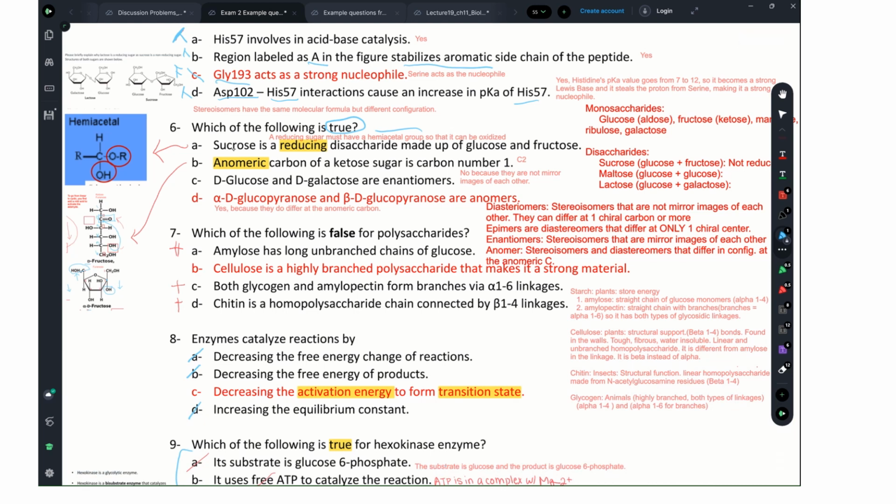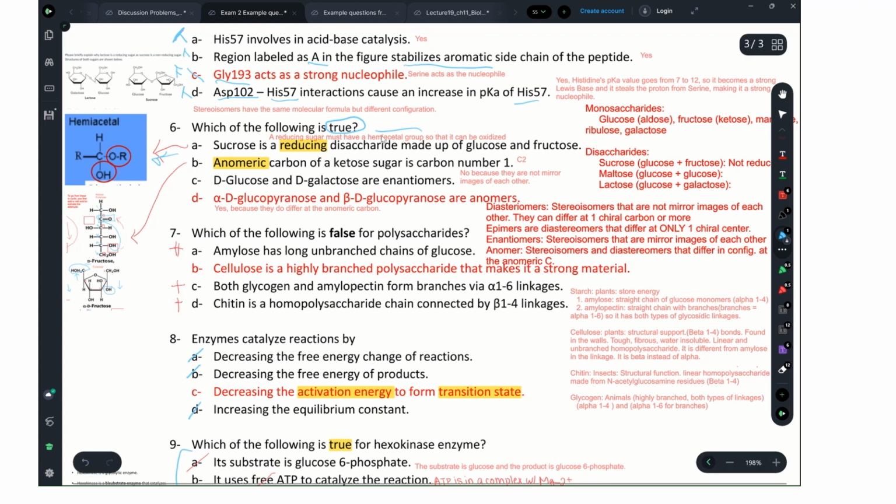And this is a hemiacetal group right here. You can see that we have a carbon, and there has to be an OR group and an OH attached to the same carbon. That is a hemiacetal group. So if you have any disaccharides and they have this on the outside of the second sugar, then that is a free hemiacetal group, and that will be a reducing sugar.